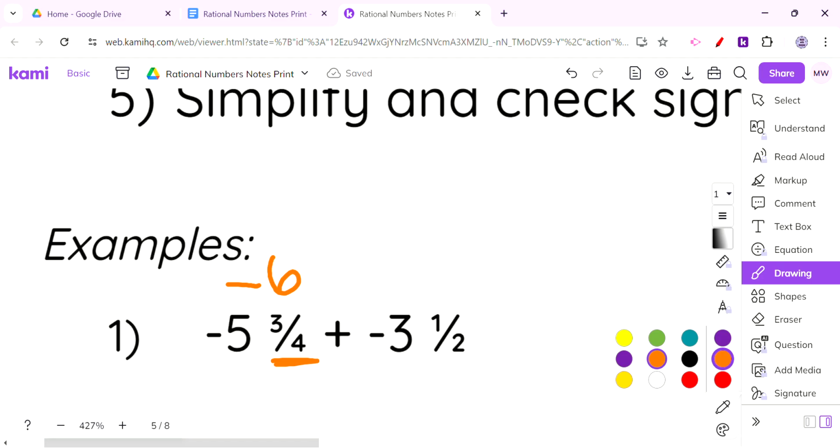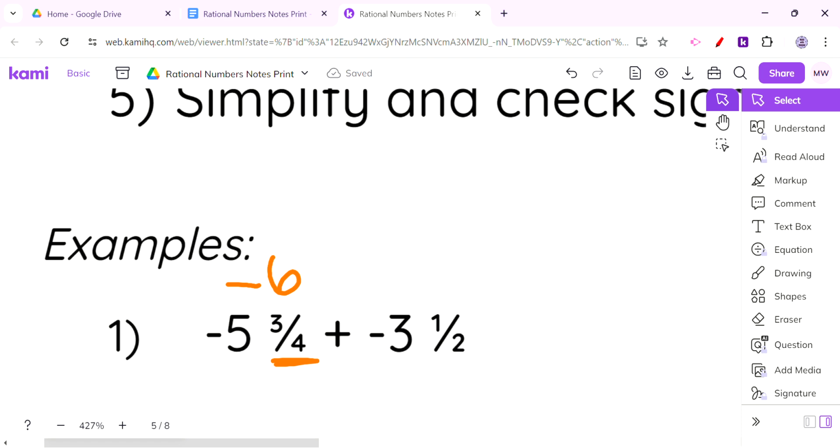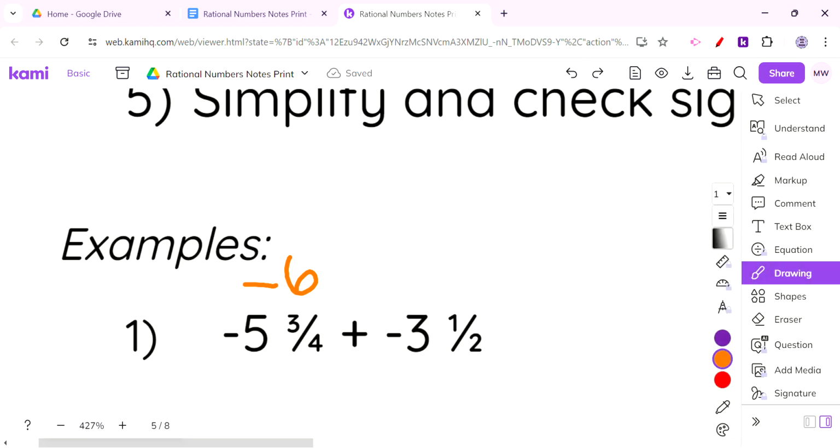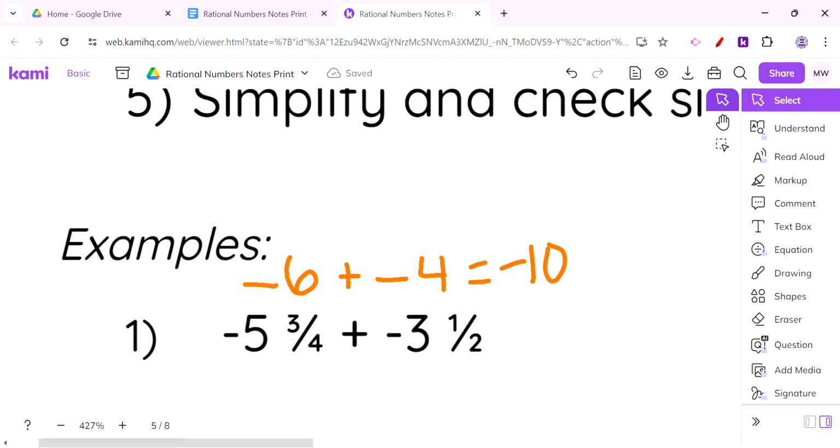Therefore, I rounded it to be -6. Okay, and then this -3.5 will round to be about -4. And then when you add them, you end up with -6 plus -4 is -10. So your answer needs to be about -10, somewhere around there by the end of it.